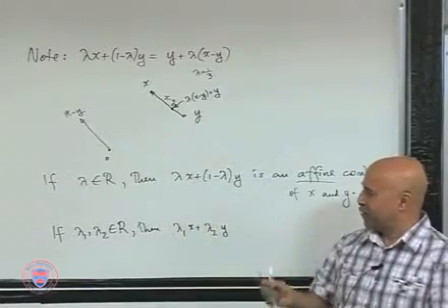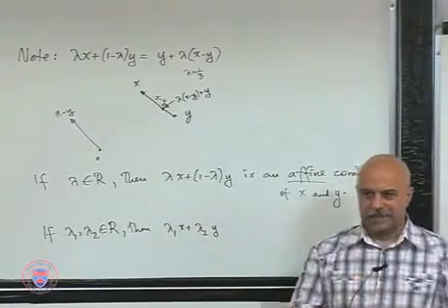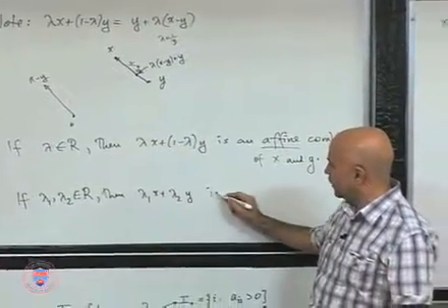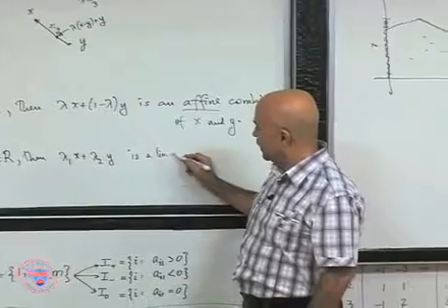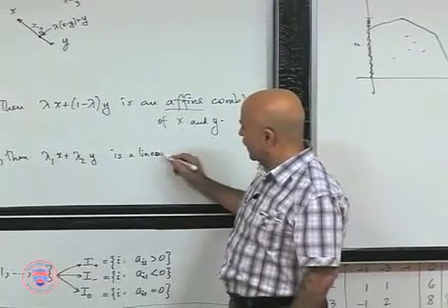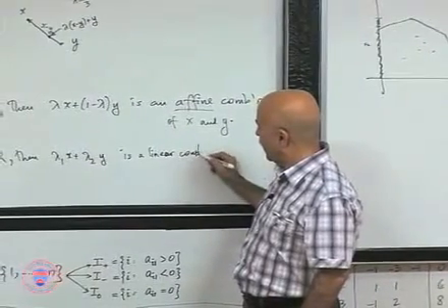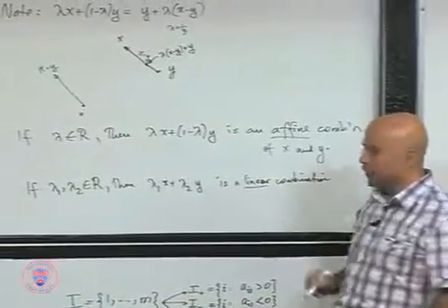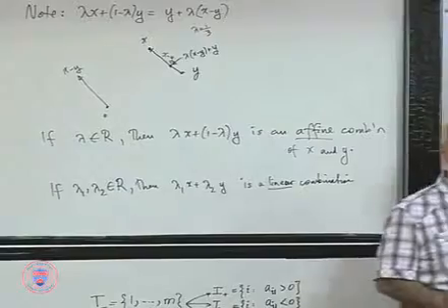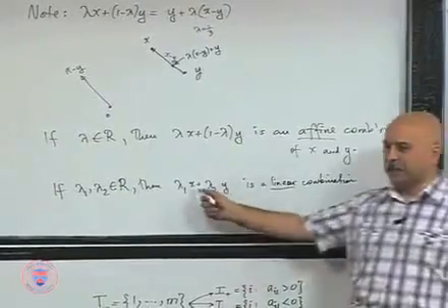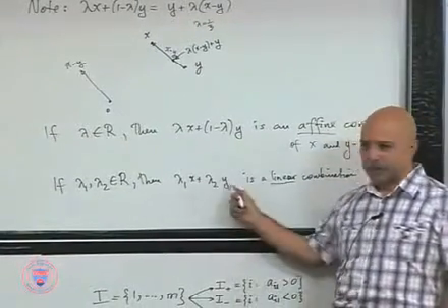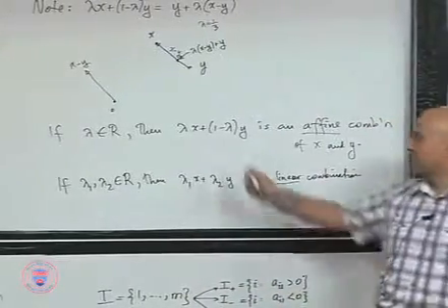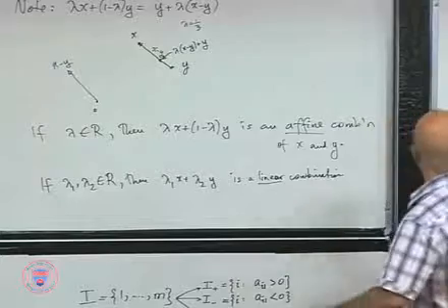In the other cases, lambda 2 has to be 1 minus the first one. Okay? In this case, this is a linear combination. Which one gives you more choices, the most choices? Of course, the last one. The output of this could be just about any vector. Whereas the other ones are more restrictive. Okay.